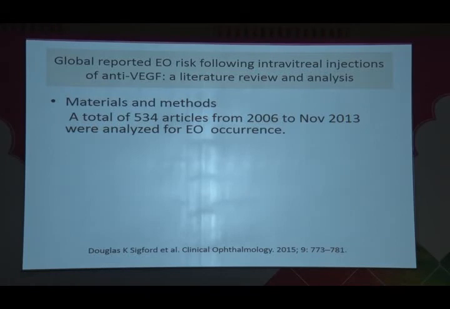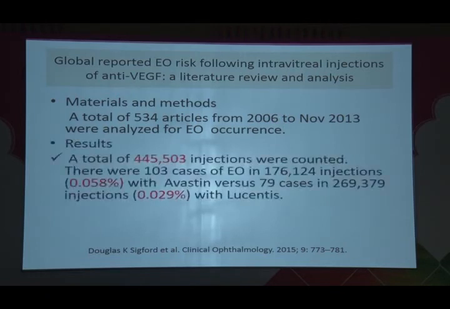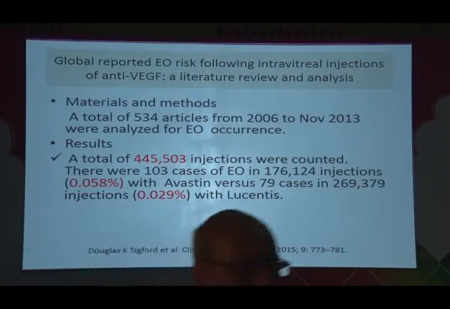So this is a meta-analysis. A total of 534 articles from 2006 to November 2013 were analyzed for endophthalmitis occurrence. A total of 4,45,503 injections were counted. There were 103 cases of endophthalmitis in 1,76,124 injections.